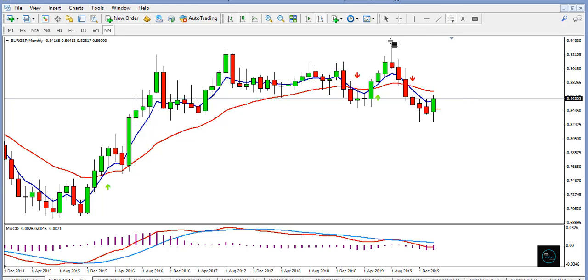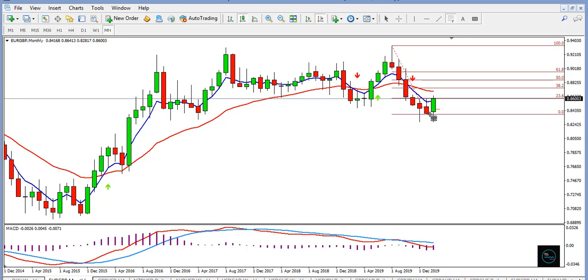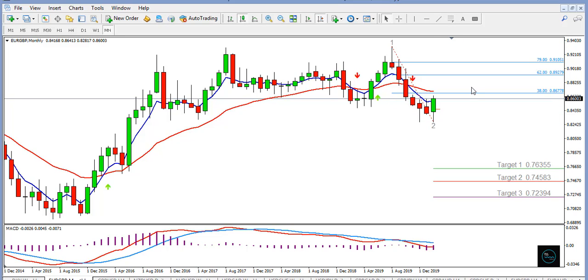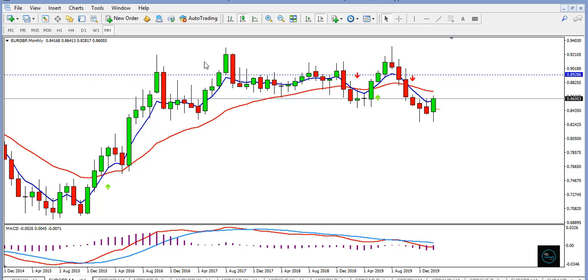If I were to take the Fibonacci from here, you will see that the line I drew previously was for the 62% region of this move. So I'm just going to tentatively believe that this bounce up might take us to this region, and of course we are talking about probably a couple of months. We are going to just keep our eyes on this and see how it goes. After all, that's the monthly chart.